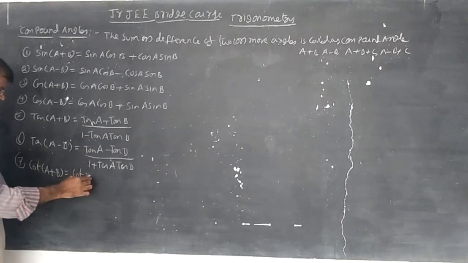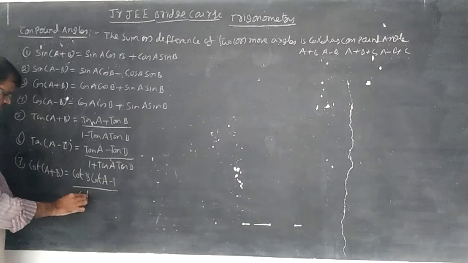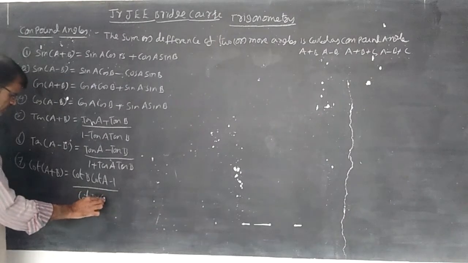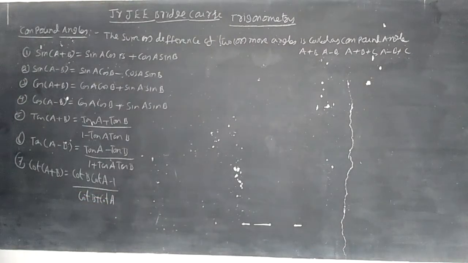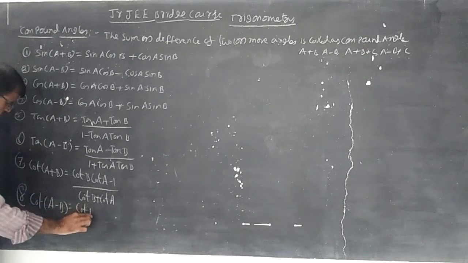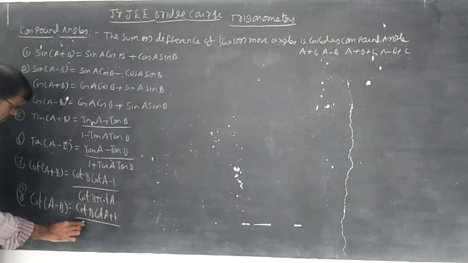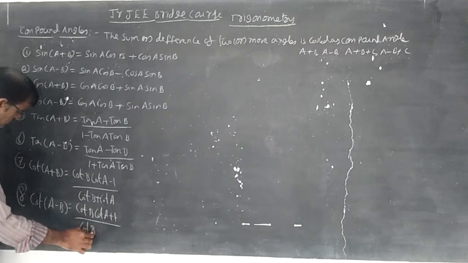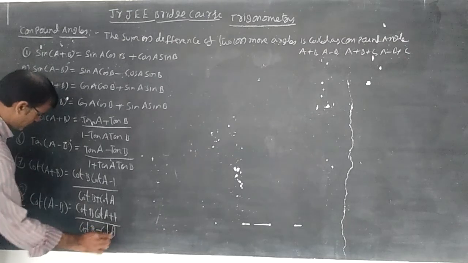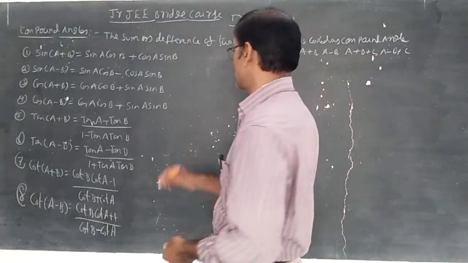The cot of a plus b formula is cot b cot a minus 1 by cot b plus cot a. Next one, cot of a minus b. This formula is cot b cot a plus 1 by cot b minus cot a.